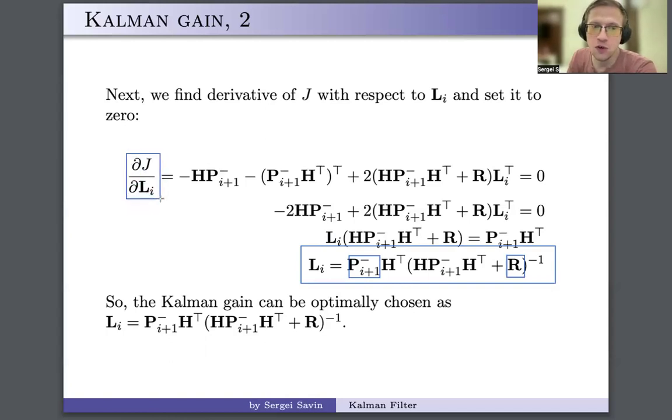Essentially, you can think of the Kalman filter as optimal control for covariances. It is not optimal control for X, because X is meaningless, because it's a random variable. You don't know what it is. You cannot control it. But it controls the covariance of X, which is a deterministic variable.